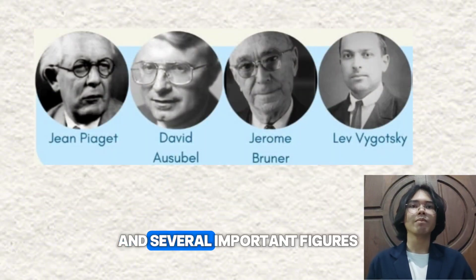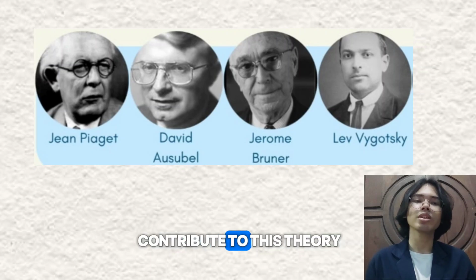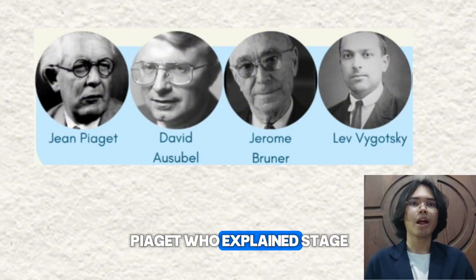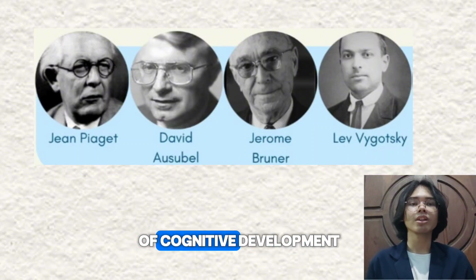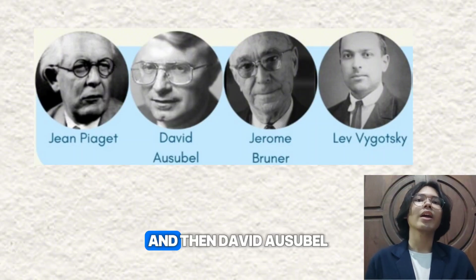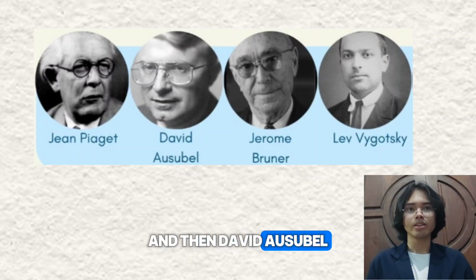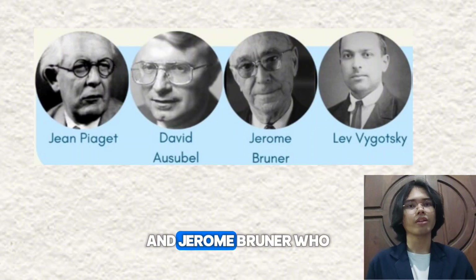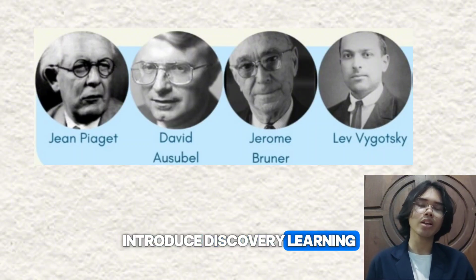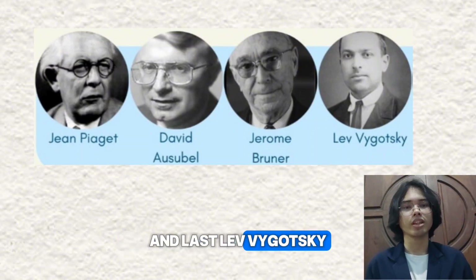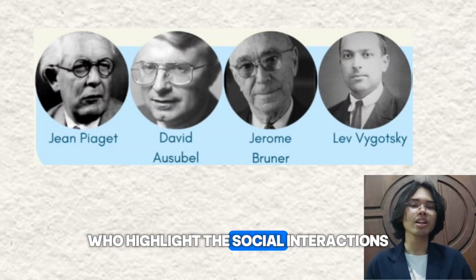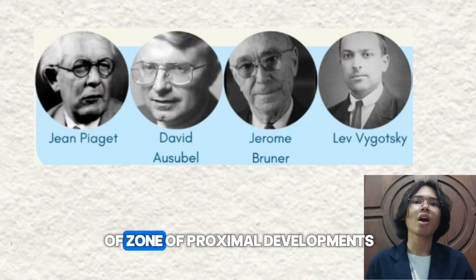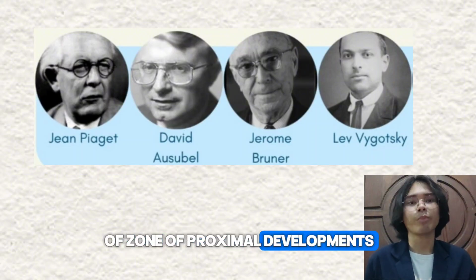And several important figures contributed to this theory, such as Jean Piaget, who explained the stages of cognitive development, and then David Ausubel, who emphasized meaningful learning, and Jerome Bruner, who introduced discovery learning, and last, Lev Vygotsky, who highlighted social interaction and introduced the concept of zone of proximal development.